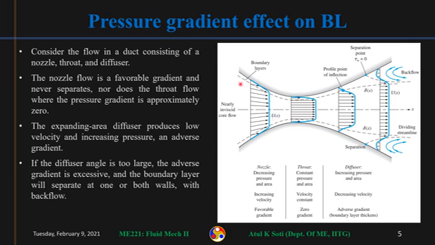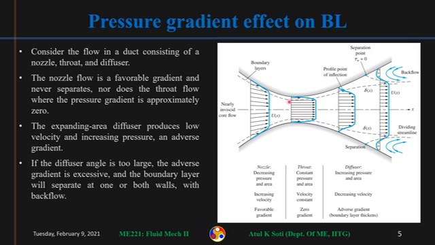So when flow is happening, there will be some boundary layer at the walls, and in the nozzle region you have decreasing area. That means the inviscid core velocity will be increasing. So that is the favorable pressure gradient situation. Here dp by dx will be negative. So in the favorable pressure gradient region, there will be no flow separation. The boundary layer will be attached to the wall.